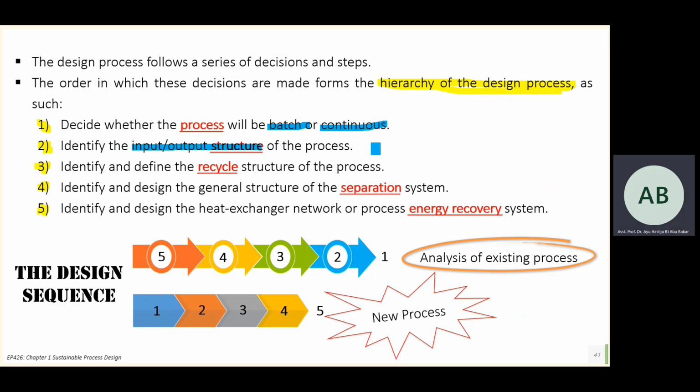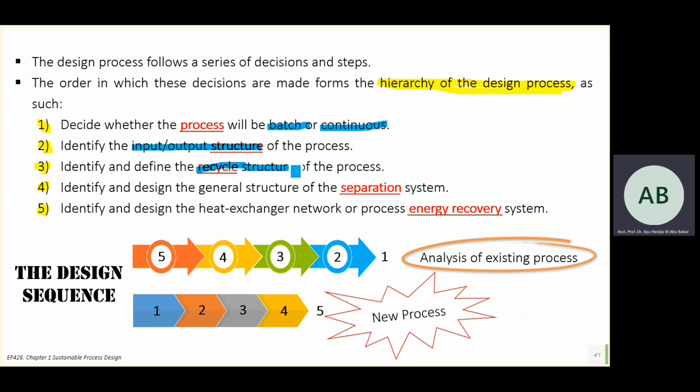What is your raw materials? What is your product? One is for the overall. Each of the unit equipment, what is the input and what is the output? Next, to identify and define the recycle structure, if it is feasible to be done.